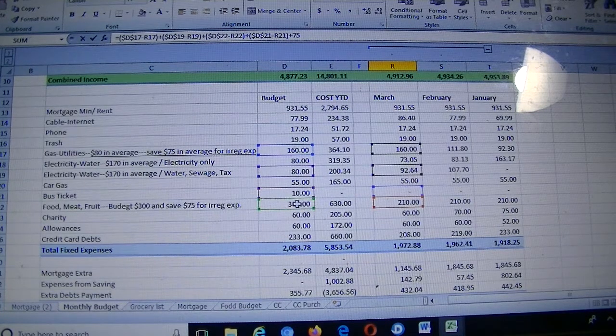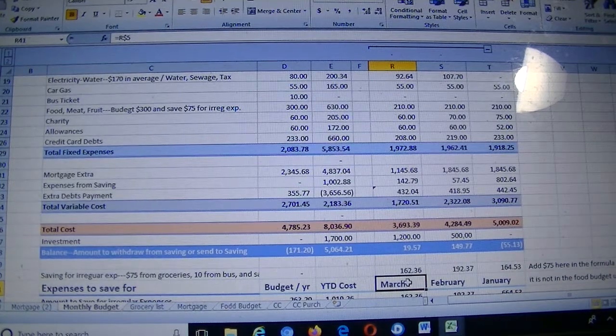And this 300 here is what we budget for groceries, but it used to be 375, and we budget 300 this year. So that's $75 right there, so that we know is a saving. So I need to manually add it to the formula because I took it out of the budget here. So that's why my number was lower here.